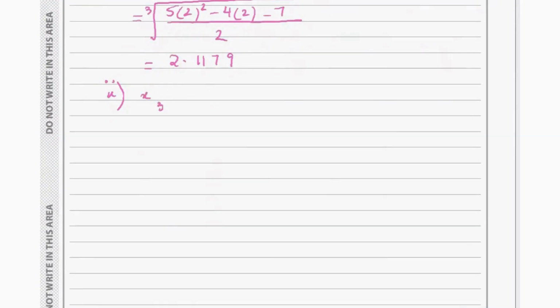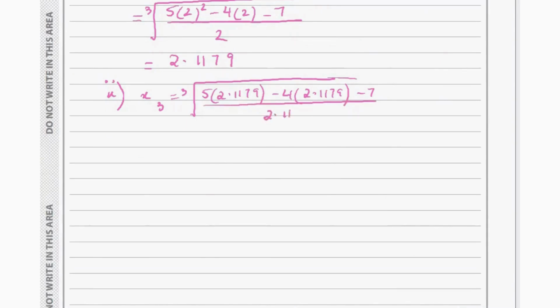So x3 is going to be the cube root of (5 times 2.1179 minus 4 times 2.1179 minus 7) divided by 2.1179. That's going to give us a value of 2.146846021. Now we're going to repeat this step again.